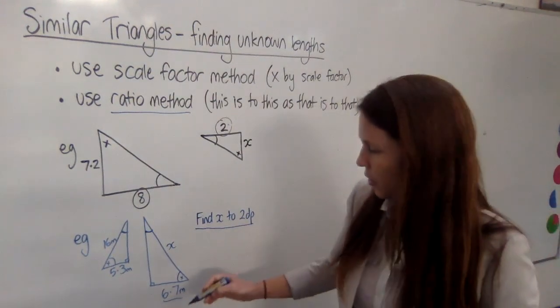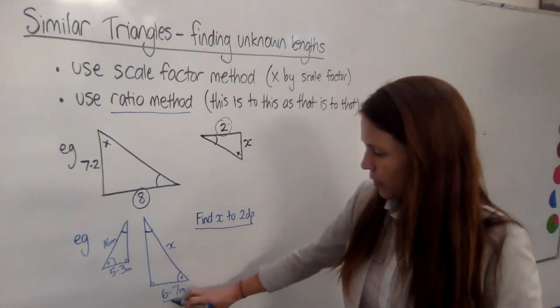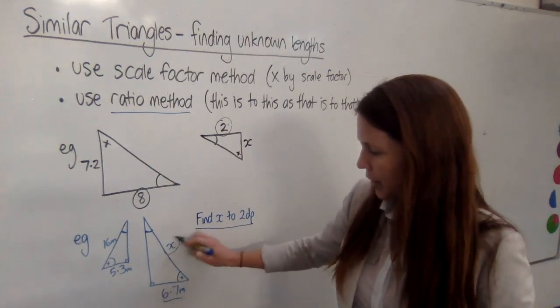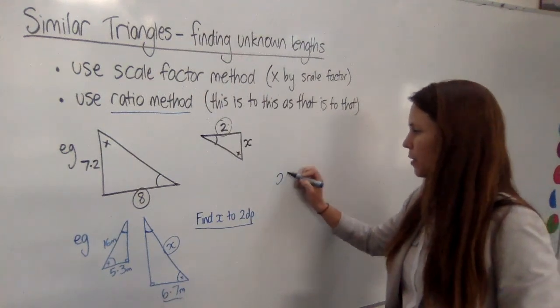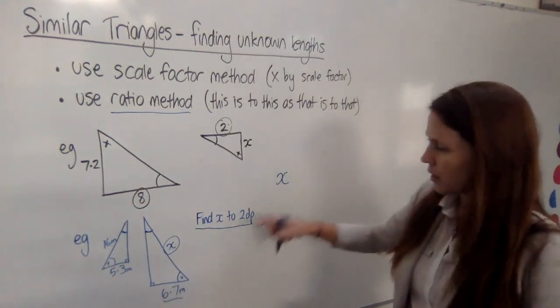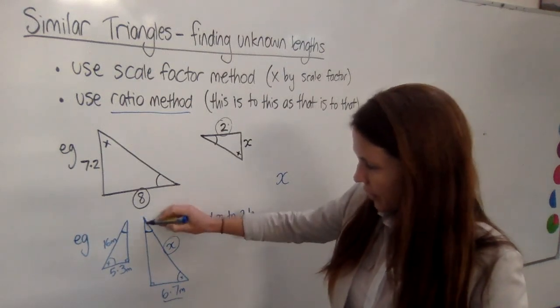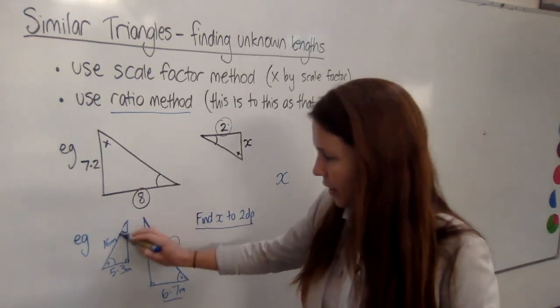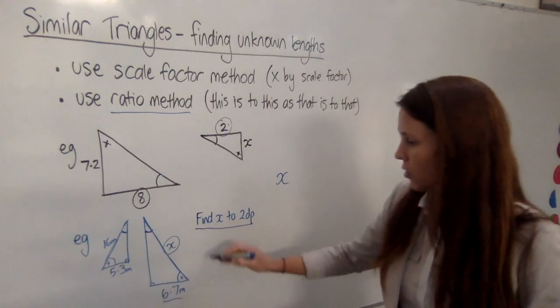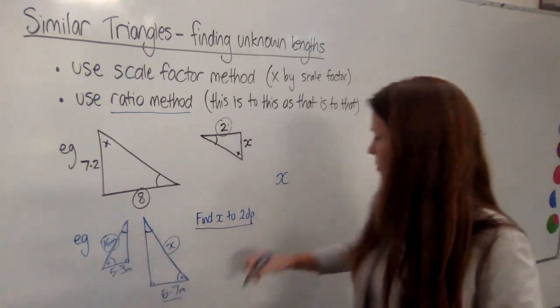Okay, so which are the corresponding sides? Well, this 6.7, we'll start with the x. Always write down the x first, because that's the one you want to find. The x, if we compare it to the other corresponding side, now it's the hypotenuse, and the other hypotenuse is 16. So x goes with 16.